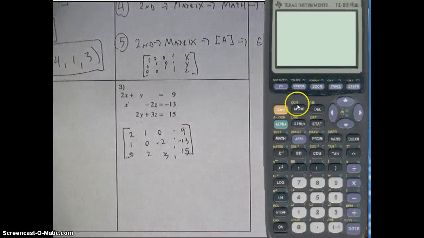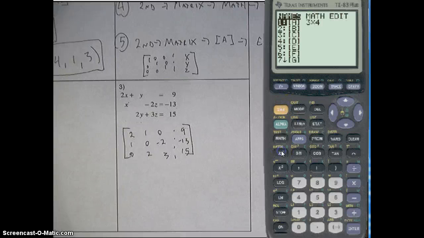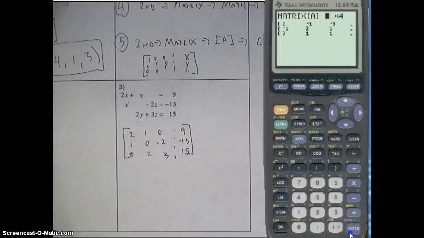I'm going to type this into the matrix screen. Second matrix, edit, 3 by 4. So I want 2, enter, 1, enter, 0, 9, 1, 0, negative 2, negative 13, 0, 2, 3, 15.